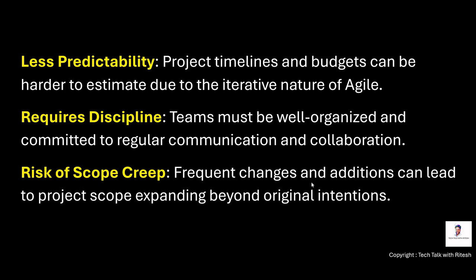Frequent changes and additions can lead to project scope expanding beyond original intentions. So here actually the main role of Scrum Master comes into picture, where this person should explain, should be a little bit stubborn as well, that we cannot introduce any item during the sprint, for example, right?